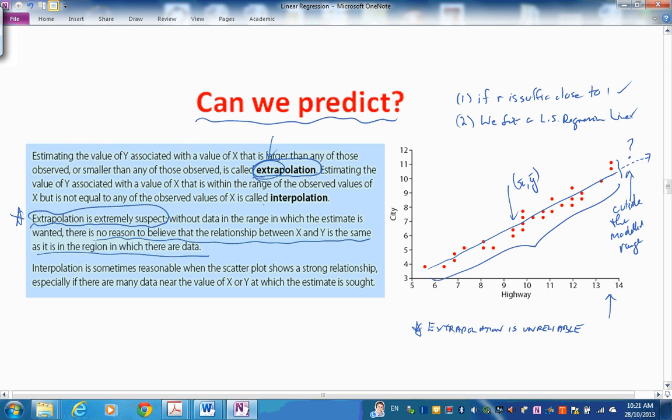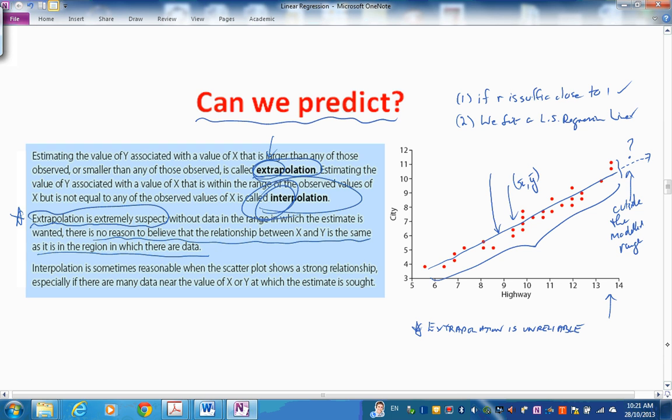What about the other one? What about interpolation, interstate, between states? What does interpolation mean? It means between points. If we tried, for example, to predict what a car doing 9 kilometres per litre on the highway would do, is that reasonable? Yes, it's within the data set. The model was deliberately constructed to describe points in that region.